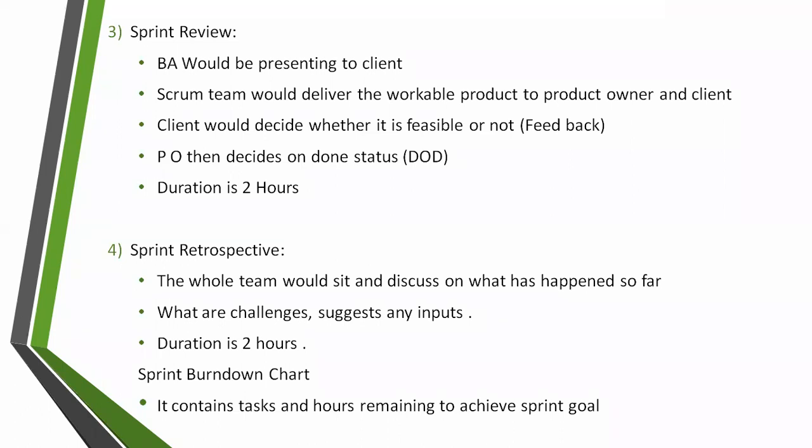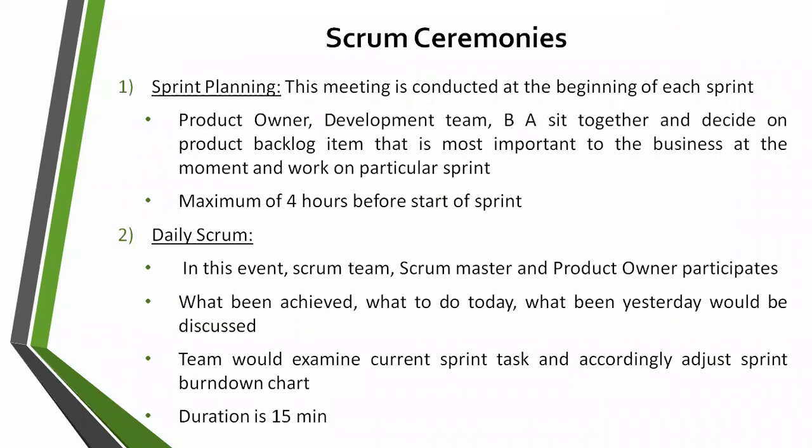So the fourth event is retrospection. First is sprint planning, second event is daily Scrum. In other words, we can call it a daily meeting, daily sync up, or Scrum meet, whatever.